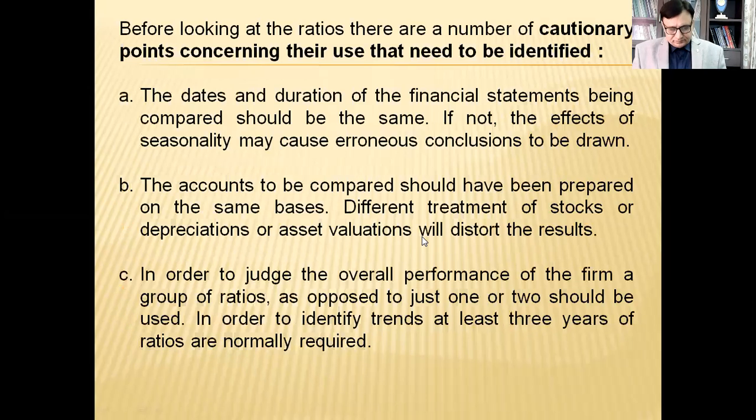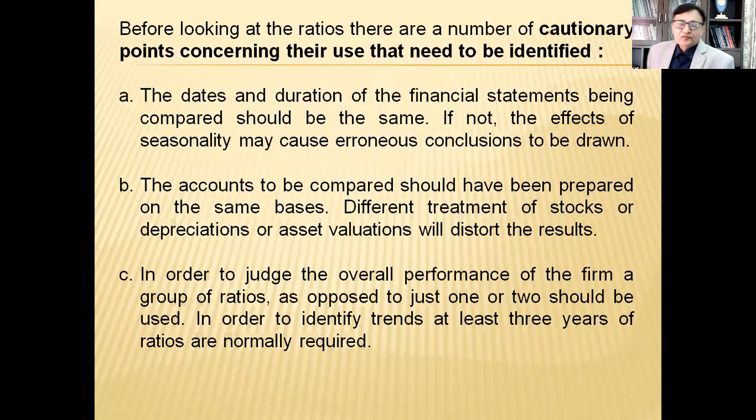But as I already told you, ratios are basically when we place one figure of the financial statement in relation to another. So it is basically a quantitative relation between the various figures of the financial statement. Maybe one figure we may take from the profit and loss account, one from the balance sheet. It may be a composite ratio where you have two or more figures in hand, and on the basis of that you arrive at a certain logical conclusion.